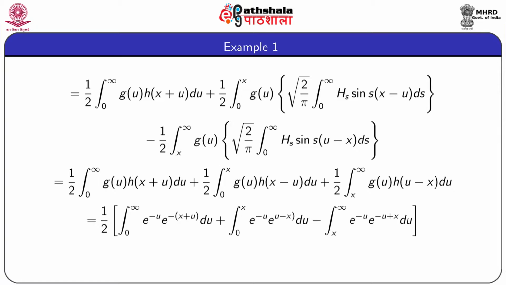So, that the whole step becomes half integral 0 to infinity g(u) h(x plus u) du plus half integral 0 to x g(u) root over 2 by pi integral 0 to infinity capital H sin s(x minus u) ds minus half integral x to infinity g(u) root over 2 by pi integral 0 to infinity capital H sin s(u minus x) ds.